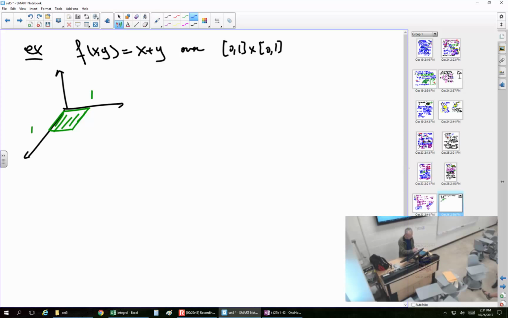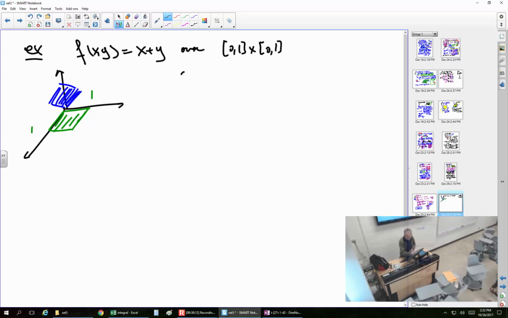Well, what it looks like: at 0 it is 0, so it will be rising somehow from the origin into the positive directions. Okay, so maybe like this. It doesn't matter. The plan should work no matter what the picture is. The picture is meant to illustrate the definition, and the computation doesn't really need any pictures.